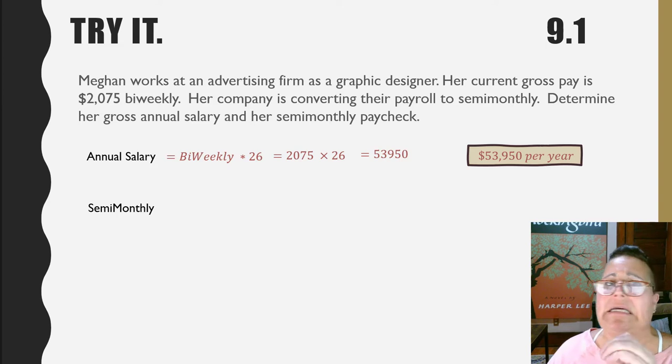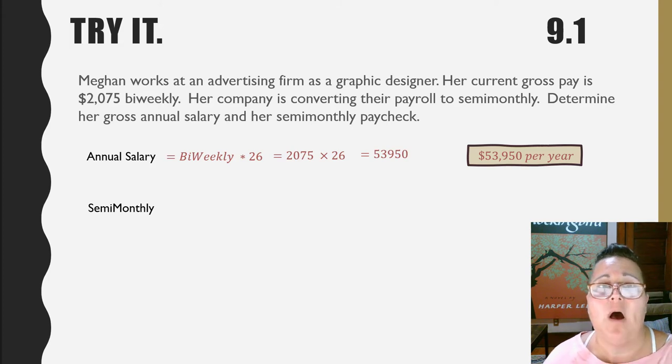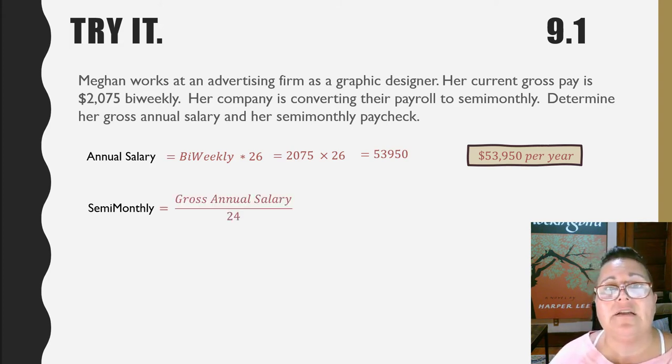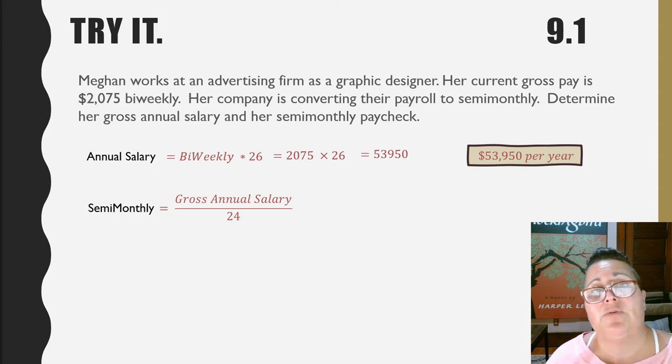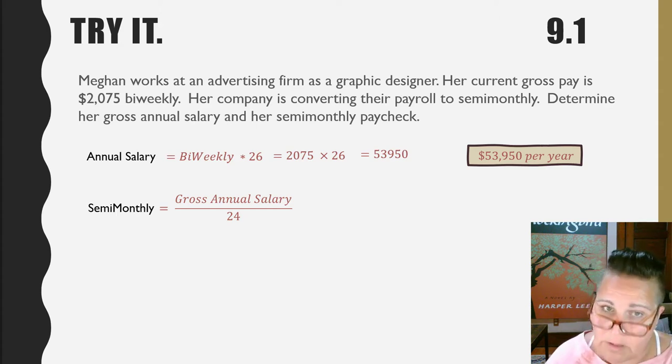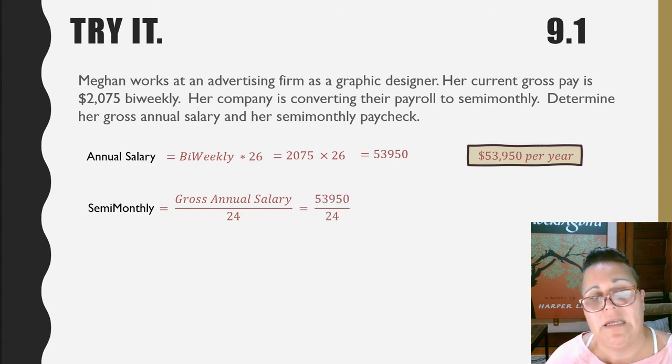They can't just cut 2 checks out of her life and have them go unaccounted for. So that means that her boss needs to take the $53,950 and split it 24 ways instead of 26. This should put more money into each paycheck. She gets fewer, but she gets more money in each.